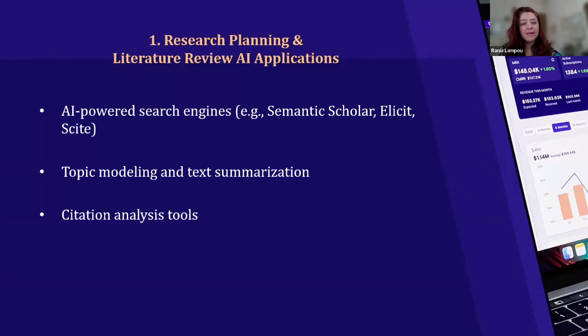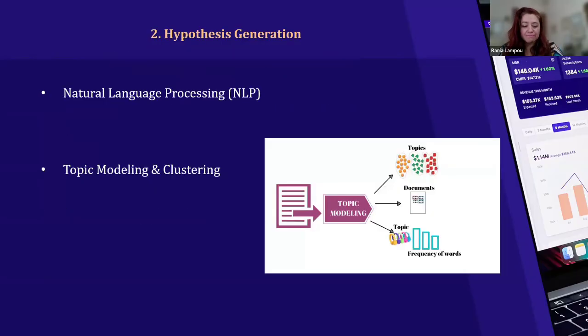For hypothesis generation, these models or custom-trained systems can summarize vast literature, identify the research gaps, and suggest novel hypotheses. Algorithms like LDA, latent Dirichlet allocation, can help uncover themes and trends in existing studies.